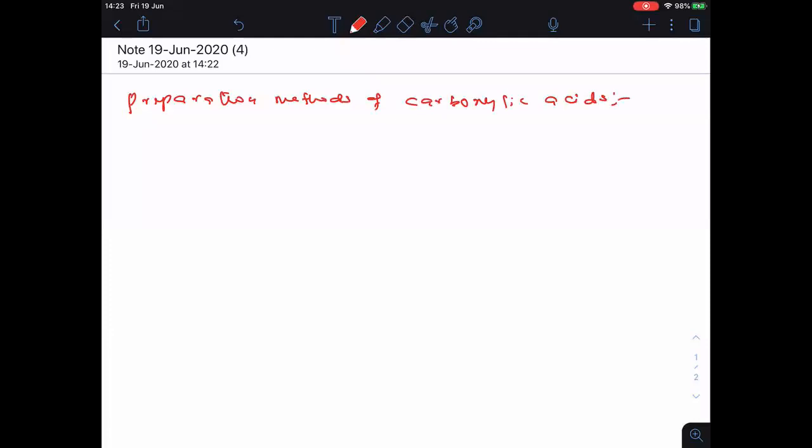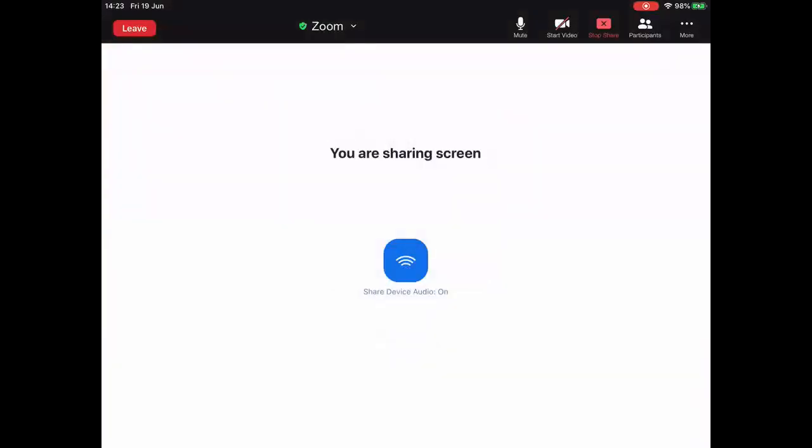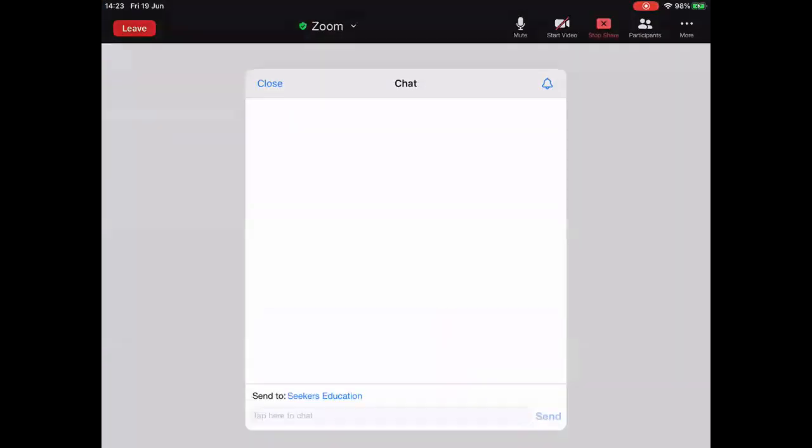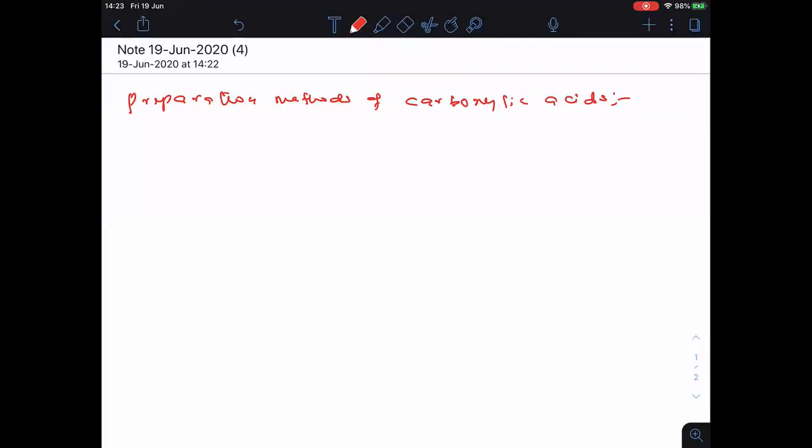Put the heading, everyone. Okay, so in that one, first of all, the first preparation method is from alkenes.